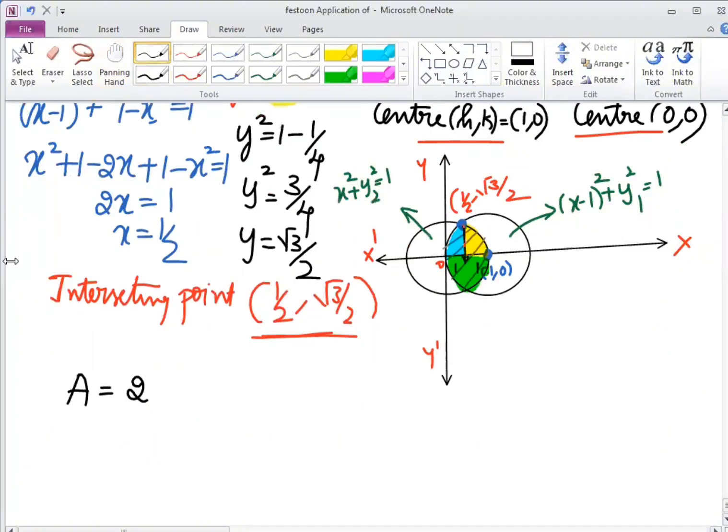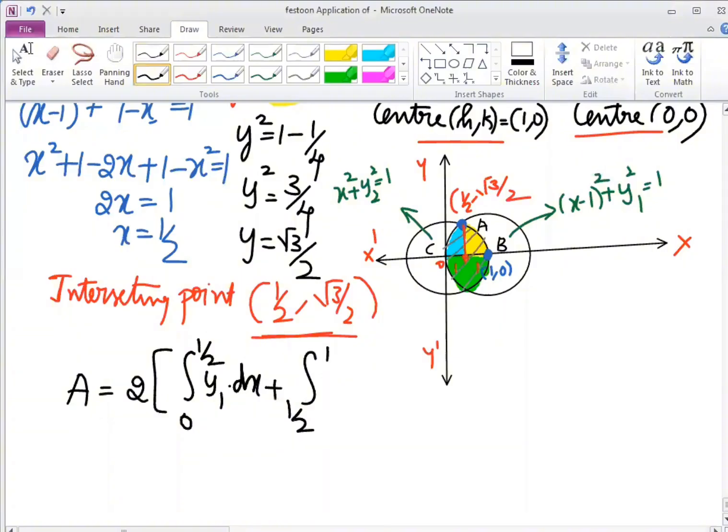We call this side C, this area A, this B, and this D. Now, the area under y1 is the integration from 0 to half of y1 dx plus the integration from half to 1.